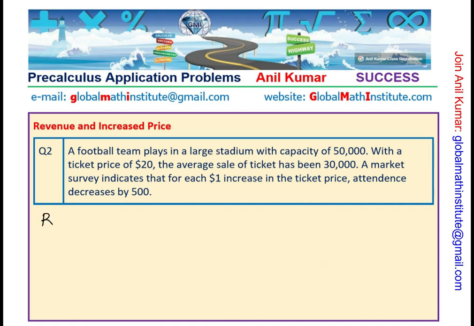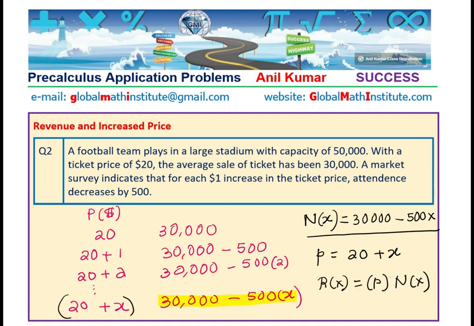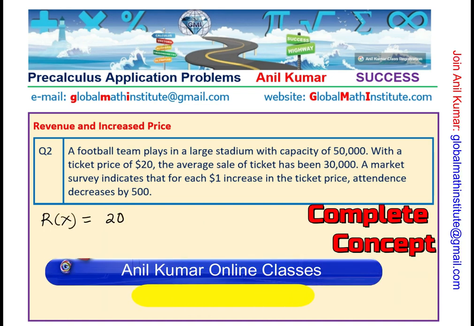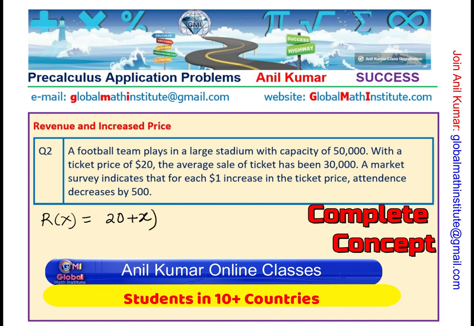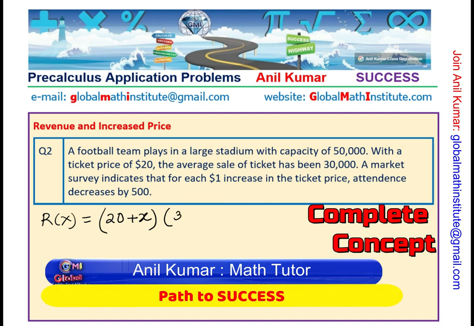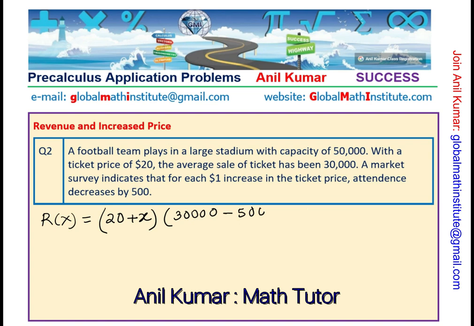So the revenue will be equal to the price we have increased. So we increase the price with X. So price is, instead of $20, it is 20 plus X. And the number of persons buying the ticket has reduced from 30,000 by 500X, so 30,000 minus 500X. So that becomes the revenue in dollars. Is that clear? So that's the revenue function.